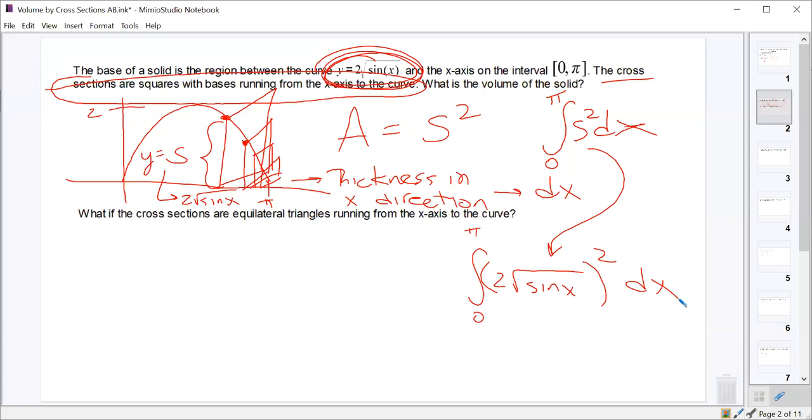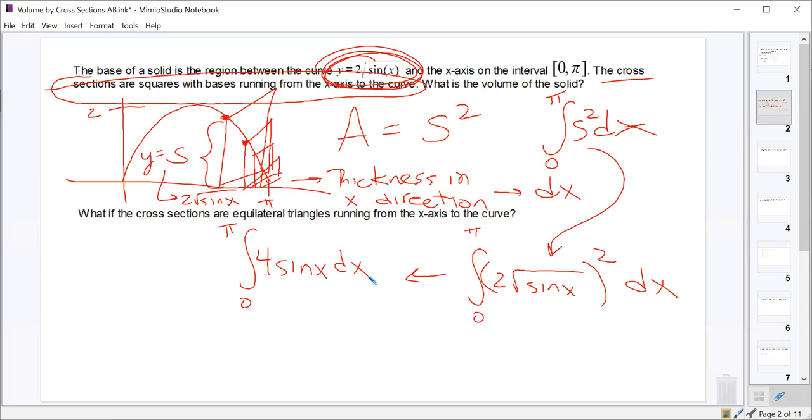All right, everyone's good? So all we're going to do then is this integral. Well, what's 2 root sine x squared? It's 4 sine x. So this just becomes an integral from 0 to pi of 4 sine x dx.